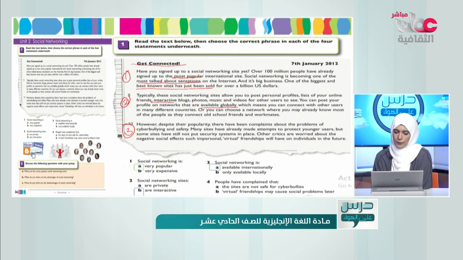Number 4: people have complained that the sites are not safe for cyberians, or virtual friendships may cause social problems later. The answer should be B, and you can find that in paragraph number 3, because we have negative social effects such as impersonal. Virtual friendships will have negative effects on individuals in the future. So the answer is B.